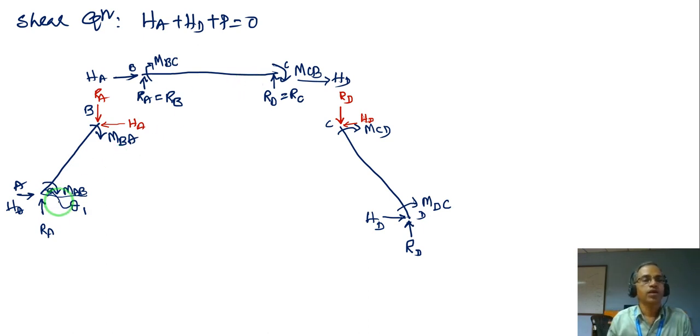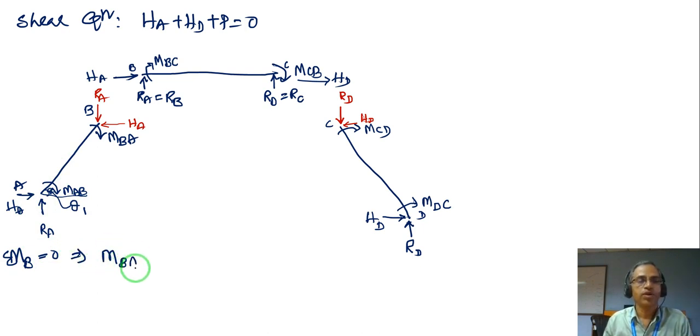Now simply taking moment at the point B, summation of moment at point C, I will be able to get HA. So what is that? Summation of moment at point A equals zero, which implies MBA plus MAB.